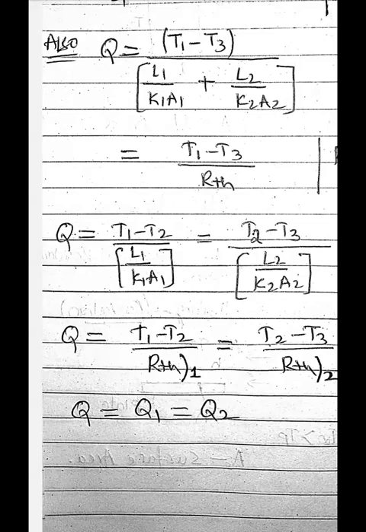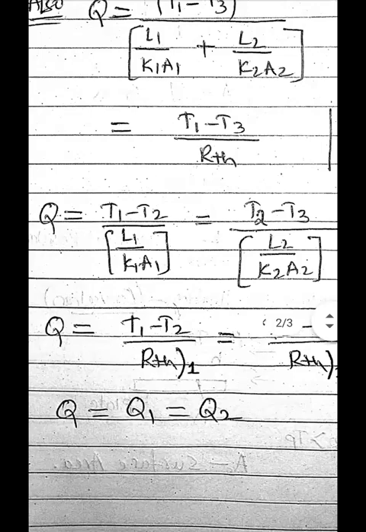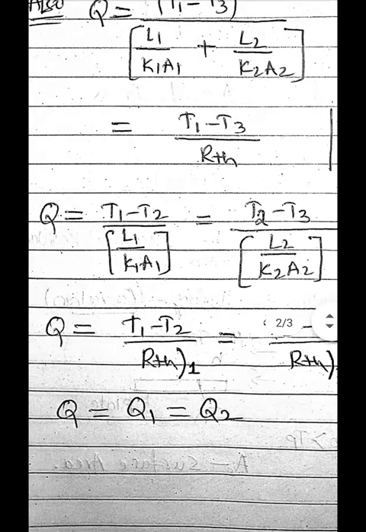So this is the general equation you are seeing on the screen now. At the top, Q is the rate of heat transfer throughout the composite wall. Q is equal to T1 minus T2 divided by L1 over K1A1, is equal to T2 minus T3 divided by L2 over K2A2. This is the rate of heat transfer.